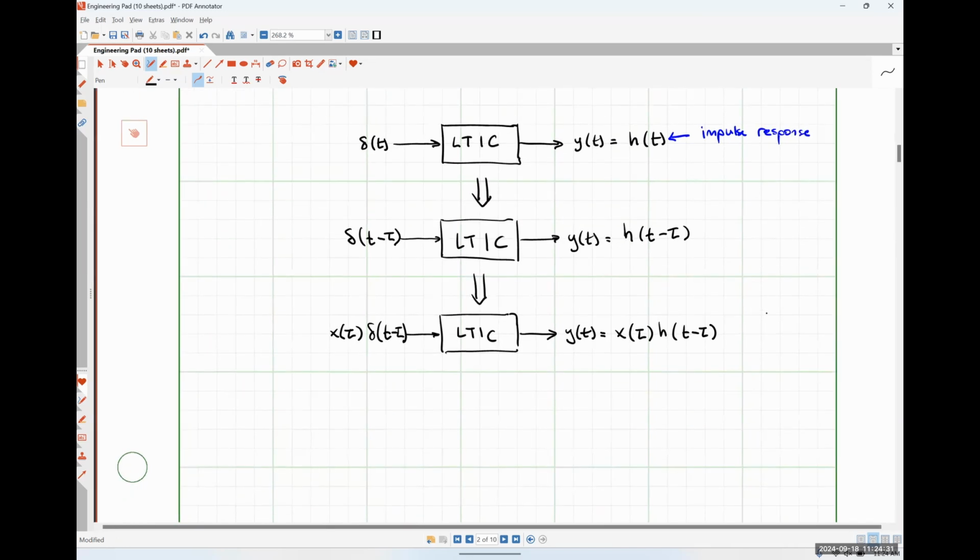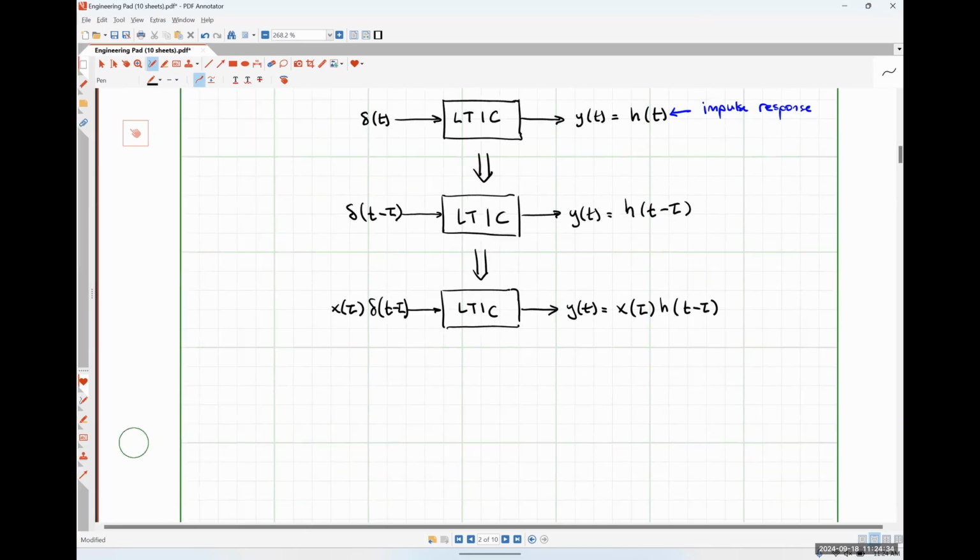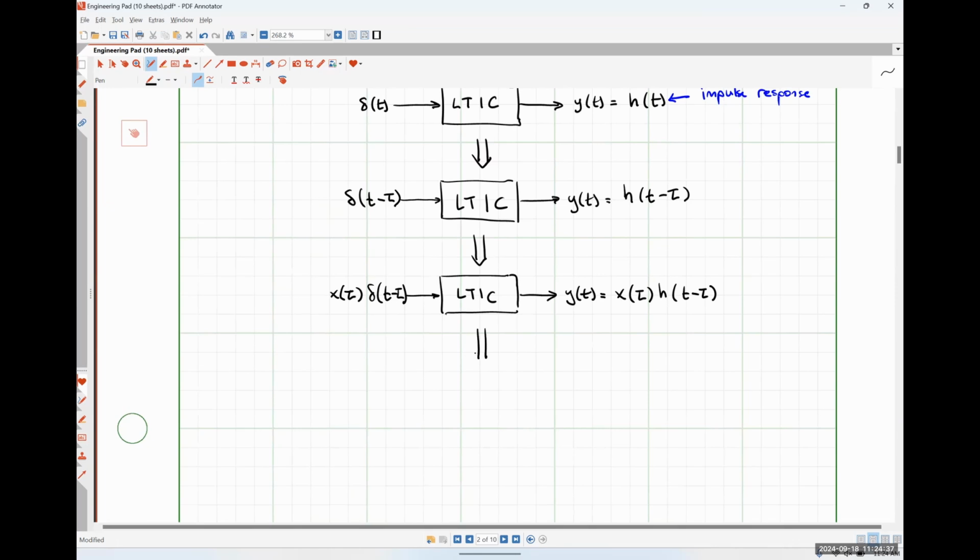And now, if I integrate my scaled input such that I have the integral from negative infinity to positive infinity of x of tau delta t minus tau, what I should get is the integral of my prior output.